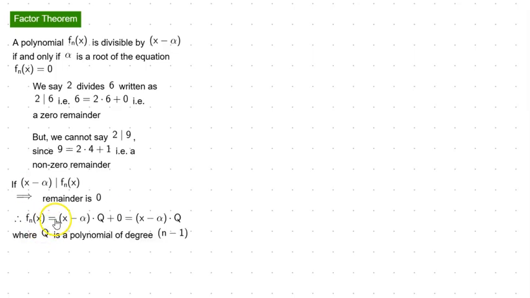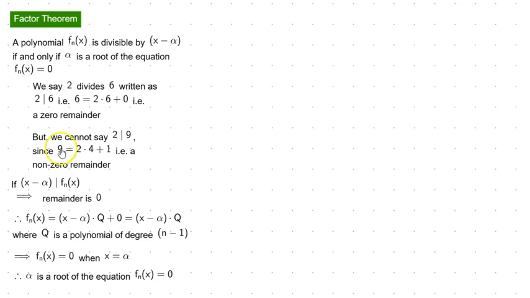Therefore, fn of x is equal to x minus alpha times q plus 0, which is equal to x minus alpha times q, where q is a polynomial of degree n minus 1, which implies fn of x is equal to 0 when x is equal to alpha. Does that mean fn of alpha is equal to 0? So therefore, alpha is a root of the equation fn of x equal to 0.